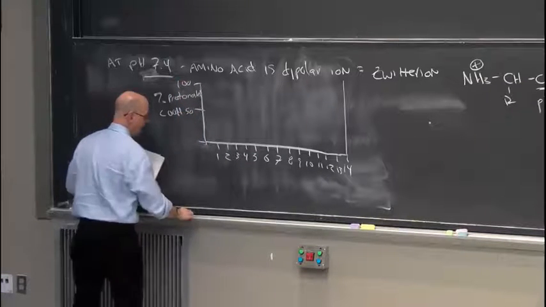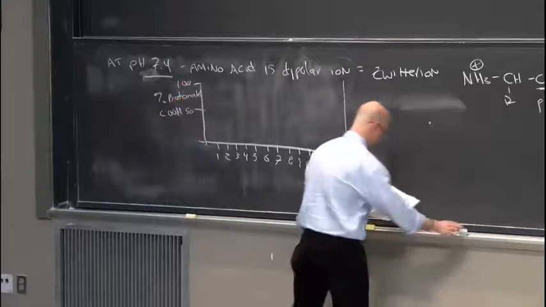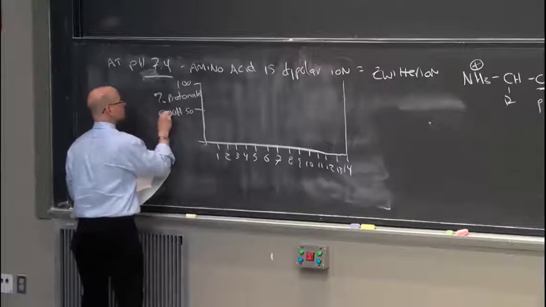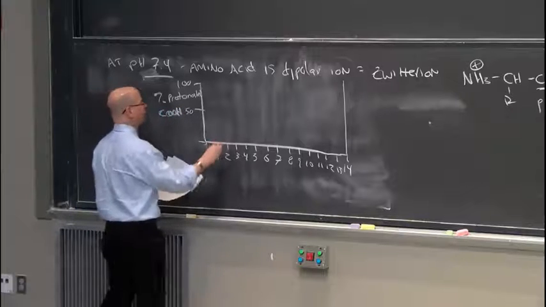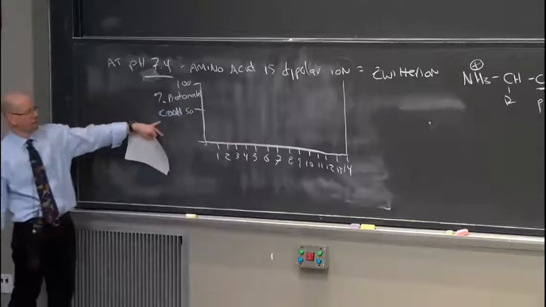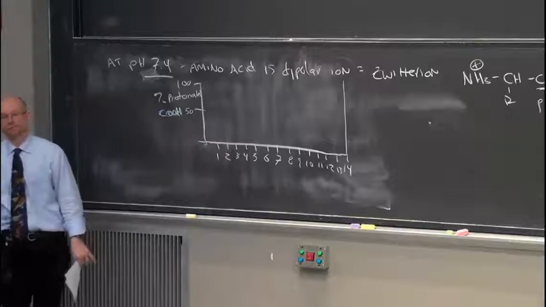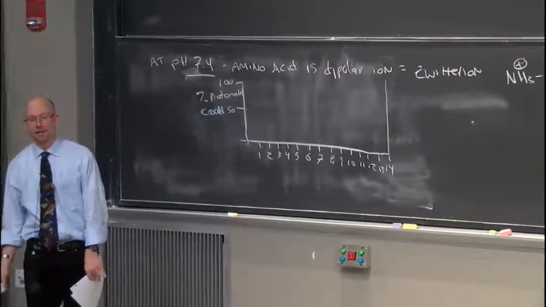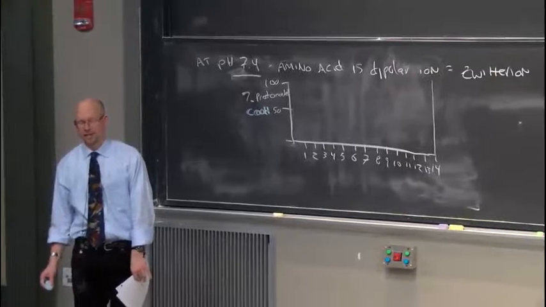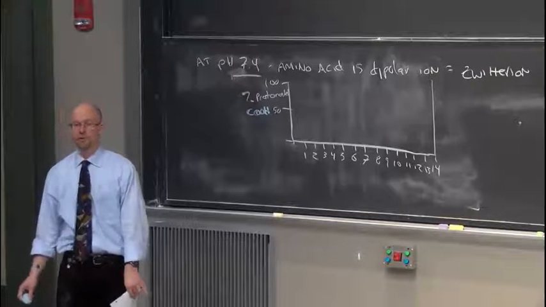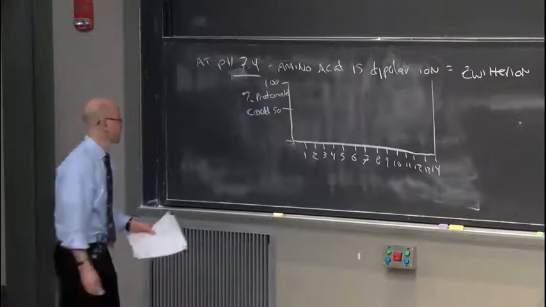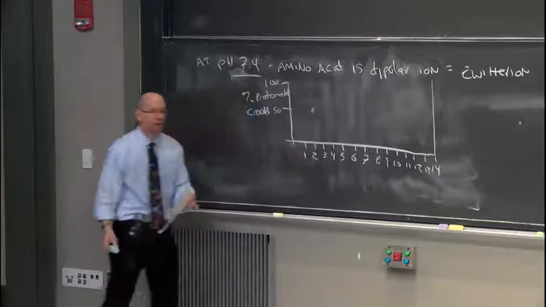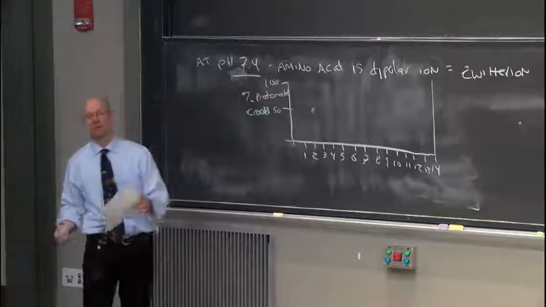At a pH of 2, what percentage of the carboxyl groups are going to be protonated? The pKa is 2. If the pH is 2, what percentage will be protonated? 50%, right?